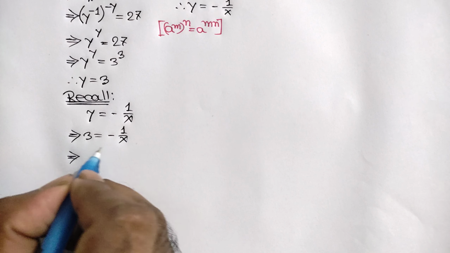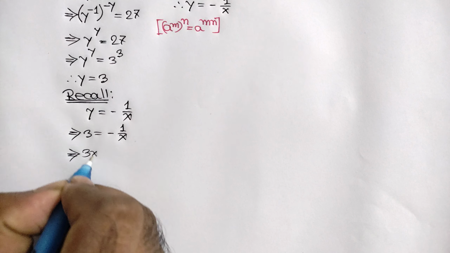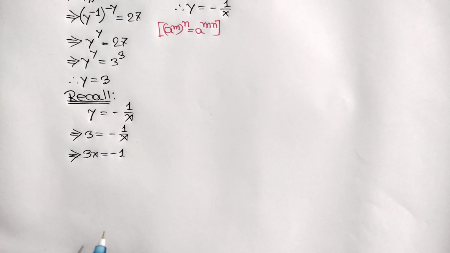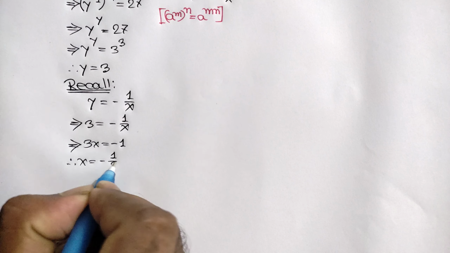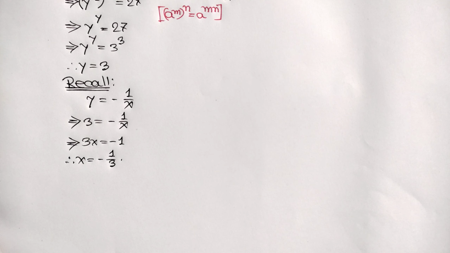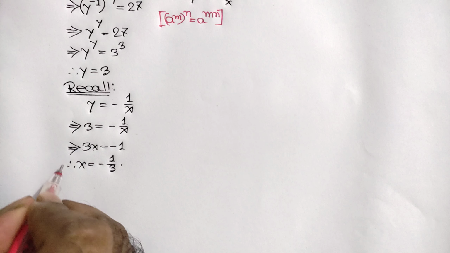Cross multiplying, we get 3x is equal to negative 1. So finally the value of x is equal to negative 1 over 3, and it is our final answer.